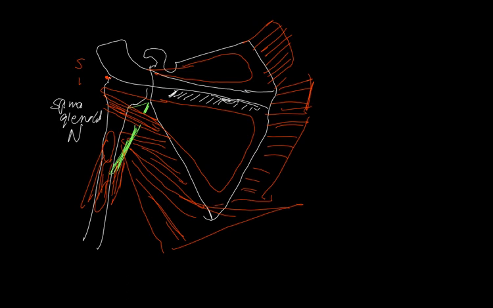Sometimes the levator scapulae takes origin from this part of the scapula. Here you will have the transverse scapular ligament. Underneath will be passing the suprascapular nerve. Above it would be passing the suprascapular artery.